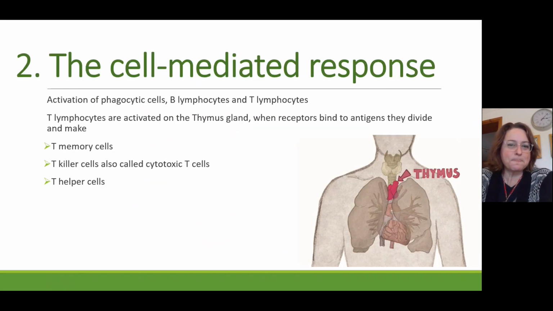Yeah. The other response, the cell-mediated response. So when exposed to a foreign antigen, you've got the activation of all your bigger white blood cells, your phagocytic cells that go around engulfing things and eating them up, plus your B and your T lymphocytes.